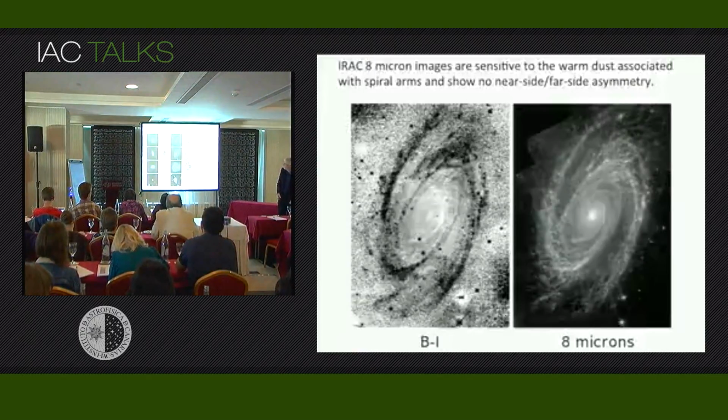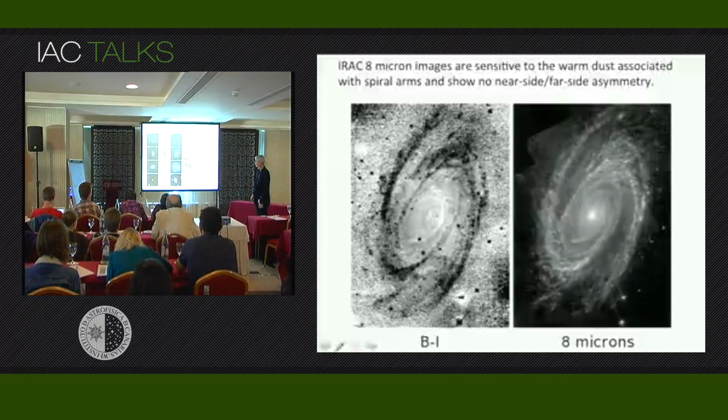And here's another aspect of the ISM, 8-micron IRAC images. They show the warm dust associated with spiral arms. And to the left, I've put a B-I color index map. This 8-micron image is due to Willner et al. 2004. But in the B-I map, you can tell the near side of the galaxy. You see, here's the dust preferentially extinguishing this side.